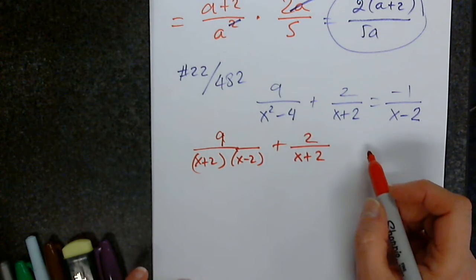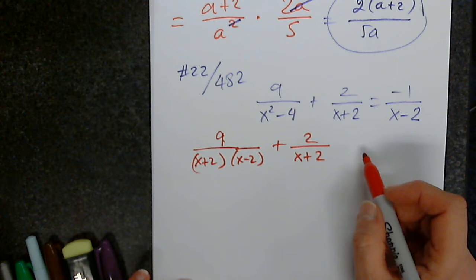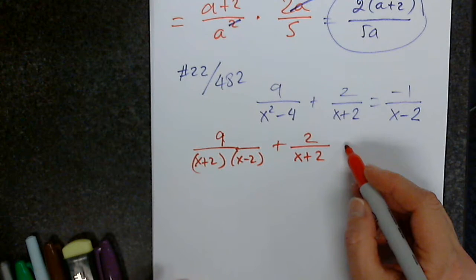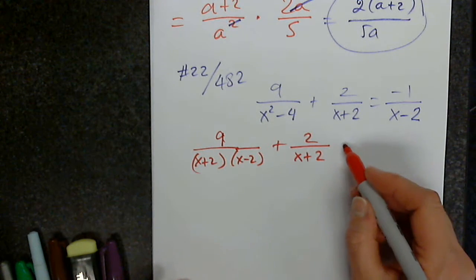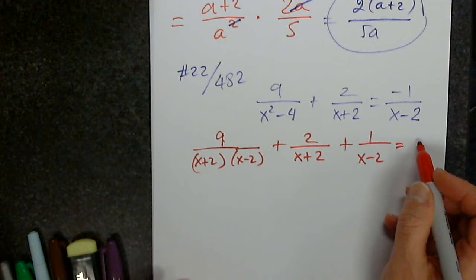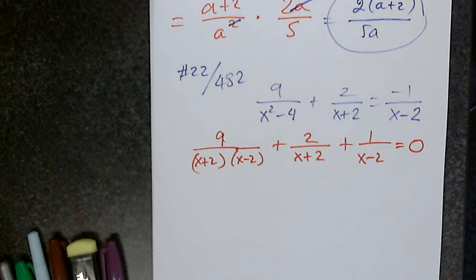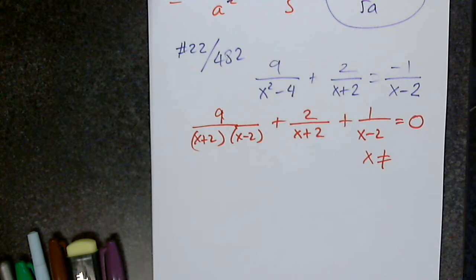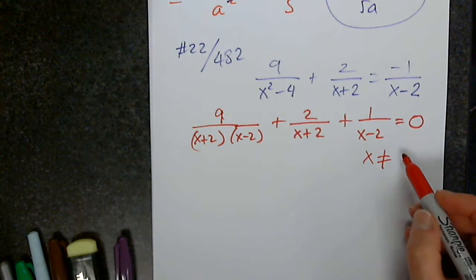And then what do I write? Well, I did it so I didn't have a negative, so I did plus 1. Very good. Negative x plus... equals 0. Very good. That is the perfect first step. And here's the second step. Can it be 2 or negative 2?